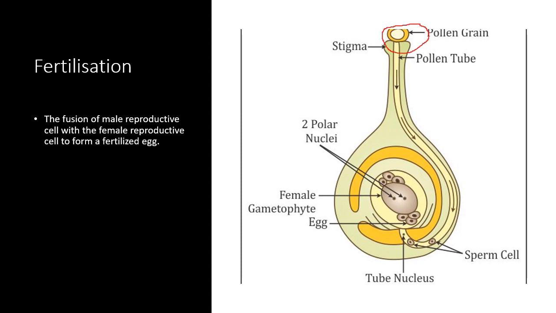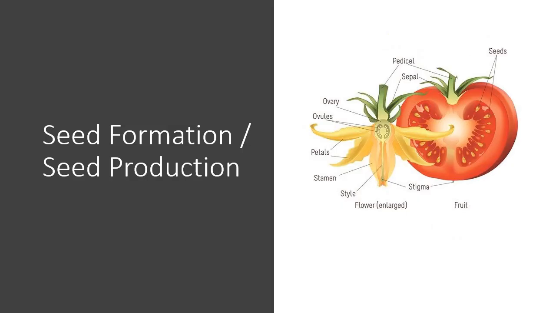As the pollen grains landed on the stigma, the style will grow a pollen tube down to the ovary and ovule, and that's how the male reproductive cell will fuse together or join together with the female reproductive cell, and this is what we call fertilization.